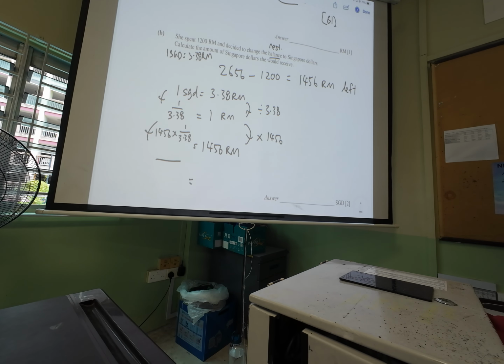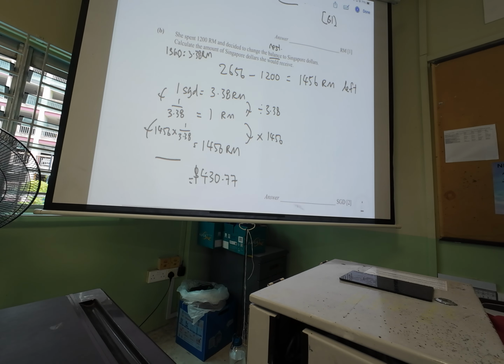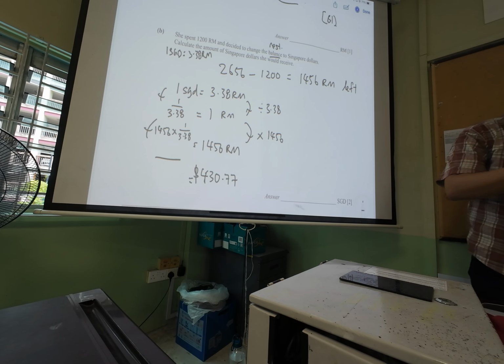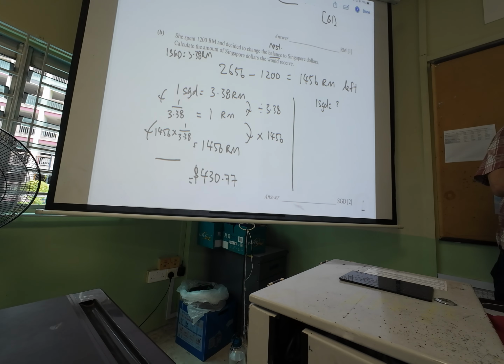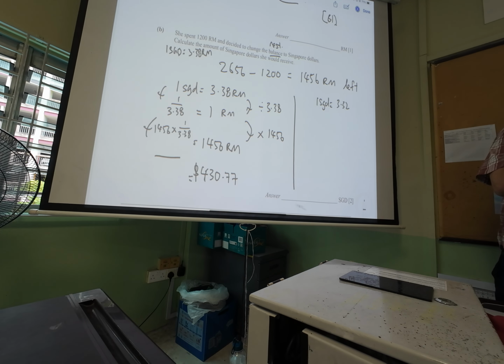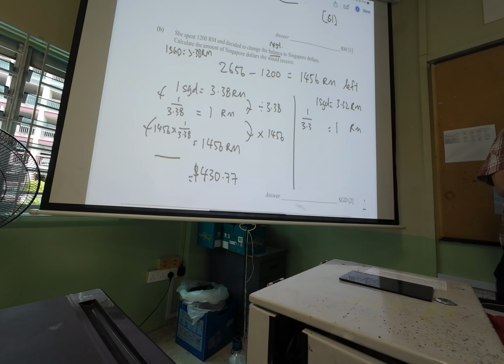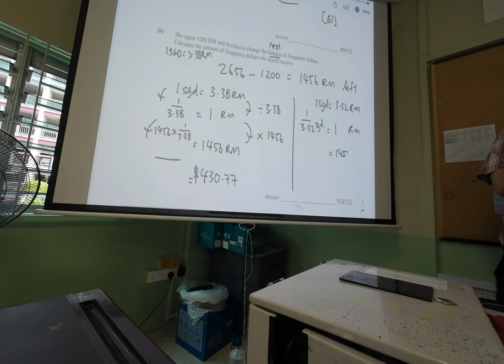Then you will get 430.77. If you use the other rate, also same. Change to 1 RM, how much first? Then multiply 1456.